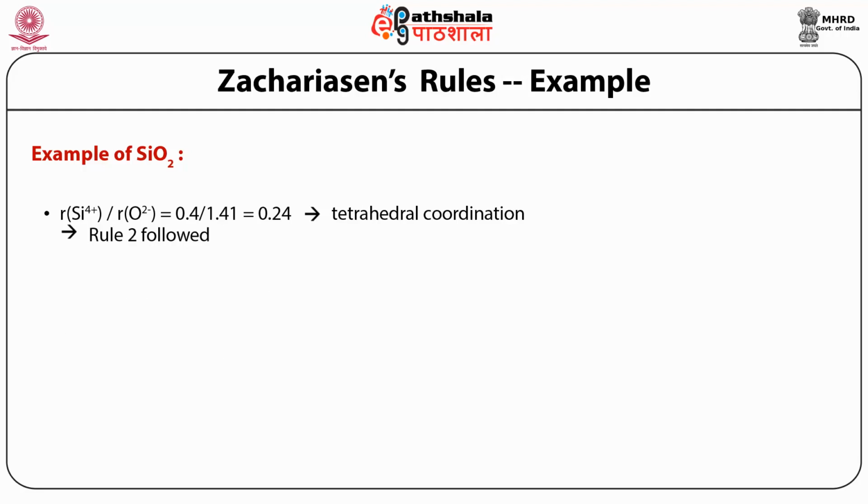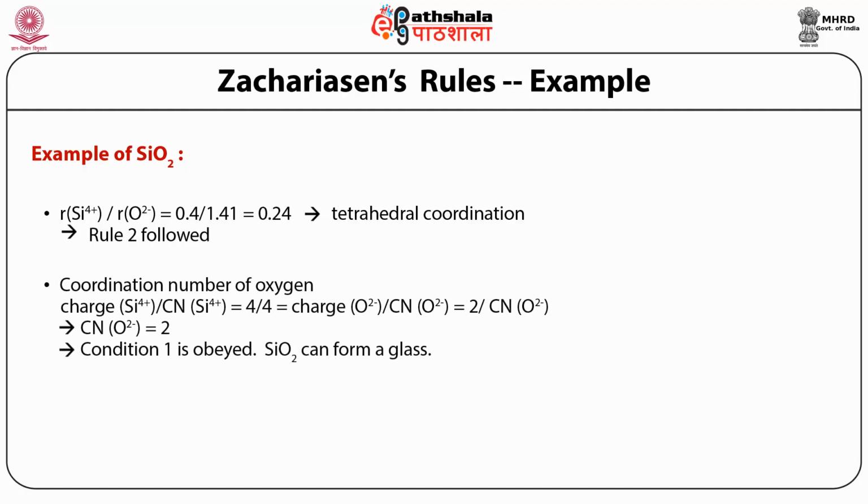Next, we find the coordination number for oxygen. This is done by using the condition that the ratio of the charge to coordination number should be the same for both the ions. That is, charge of Si4+ to CN of Si4+ is 4 by 4, which is equal to charge of O2- divided by CN, that is coordination number of O2-, which is 2 divided by the coordination number of O2-.